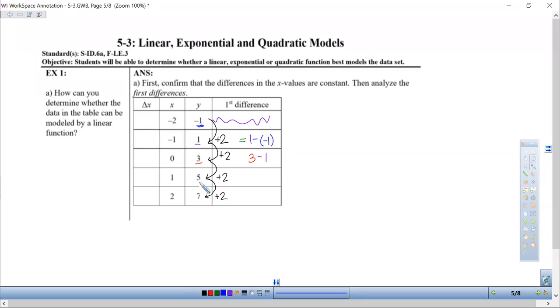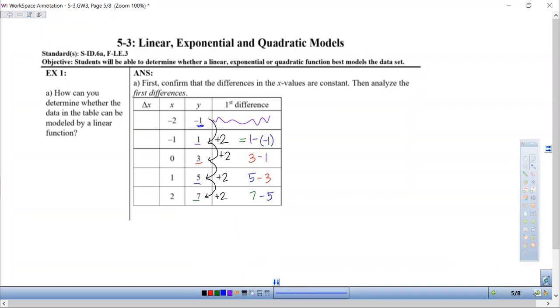Then I would do 5 minus 3, and that gives me 2. And then last, I can do 7 minus 5, and that gives me also 2. So to find those first differences, I'm taking the y value minus the one before it.